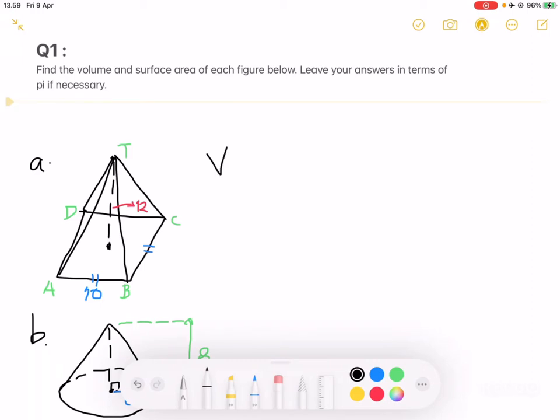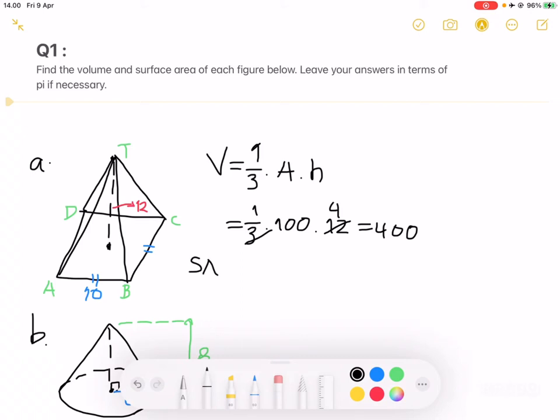So the volume of a pyramid is 1/3 times the area of the base times the height. That will be a third times the area of the base, which is 10 squared, or in other words, just 100. The height will be 12. You can cancel this, leaving us with a 4, leaving us with 400 units cubed.